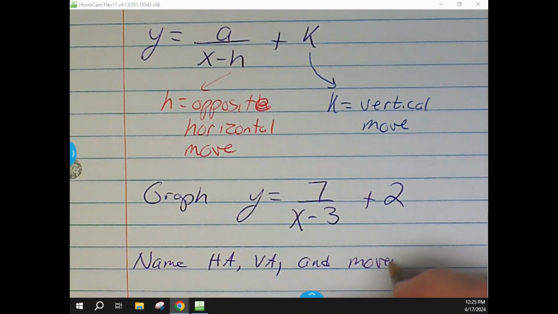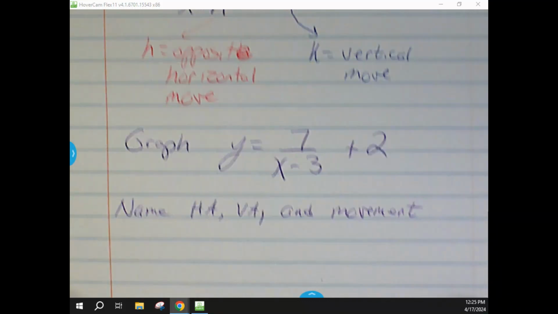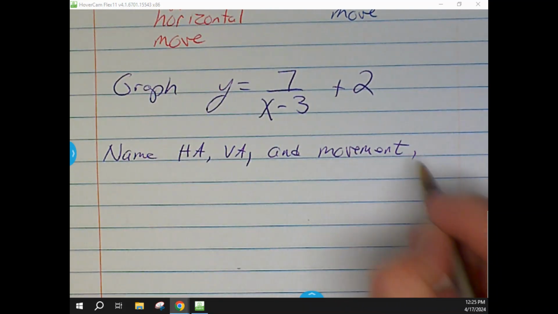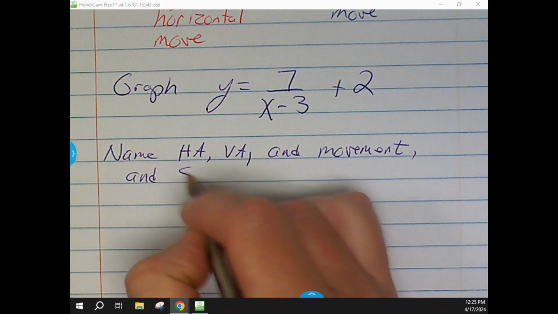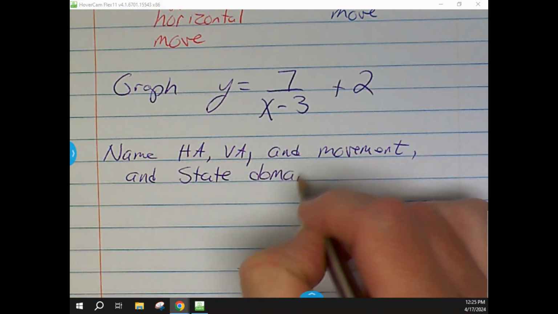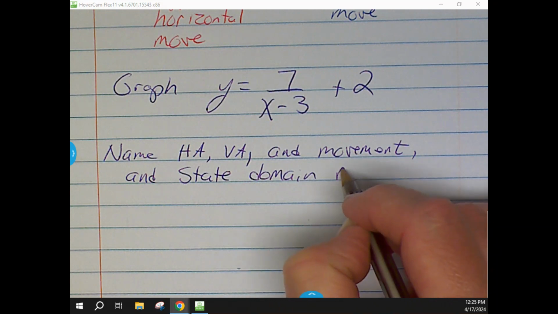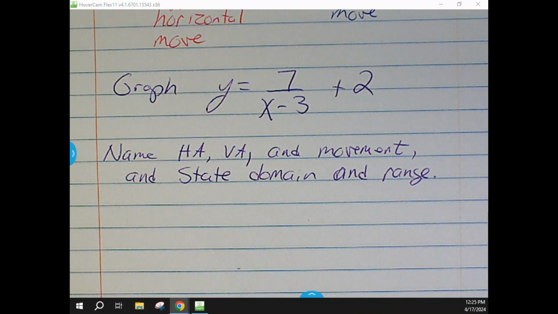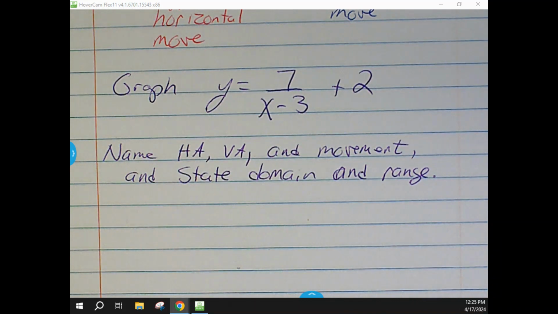So we'll do the up, down, left, right, just to make sure everybody's good. And we're going to talk about domain and range. And again, domain and range will be easy because it's always going to be all real numbers except for, and then we're going to leave out a couple of different numbers here.